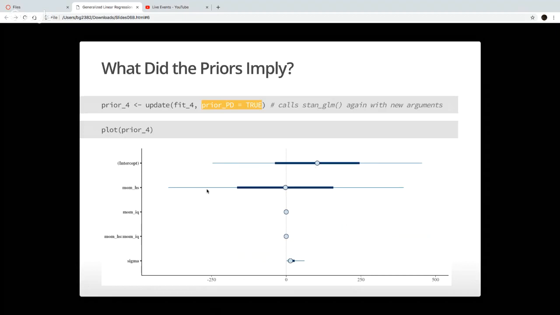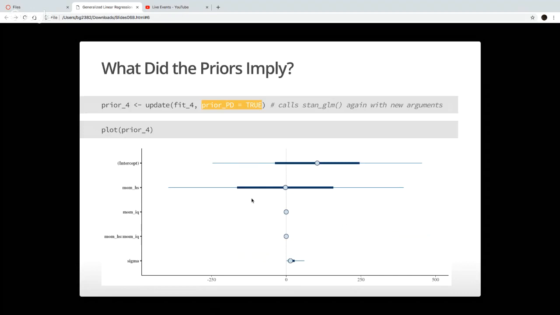So certainly we have diffuse priors on the high school variable: did the mother graduate from high school? Probably too wide, especially considering there's a lower bound to the test score. You can't get 250. So if anything, these are too diffuse.